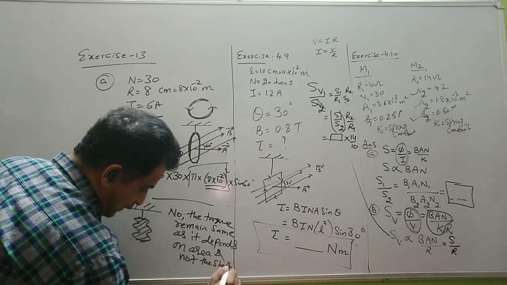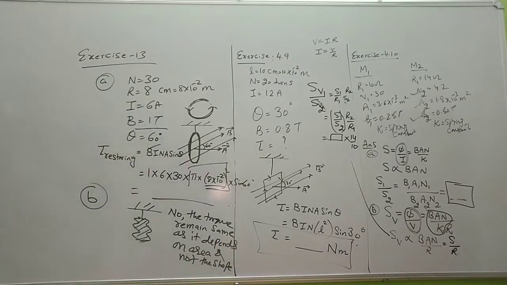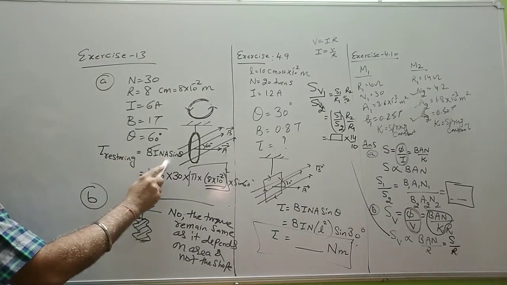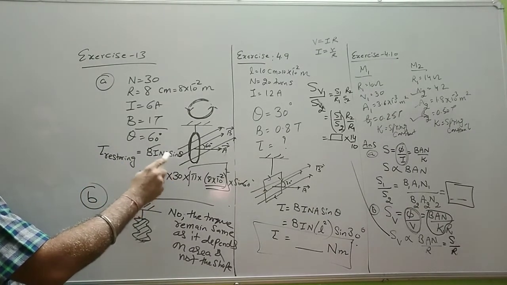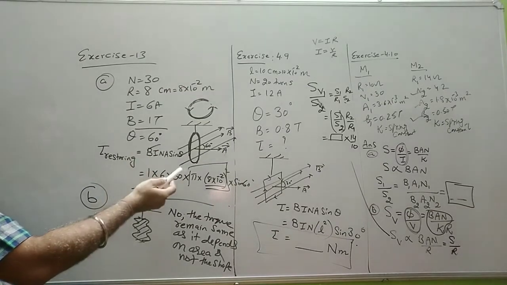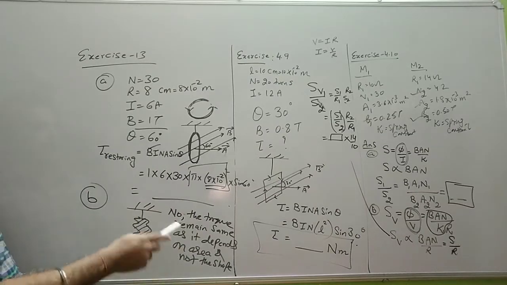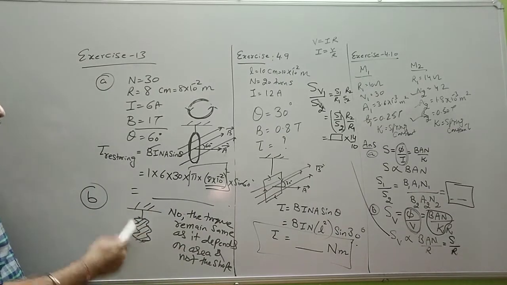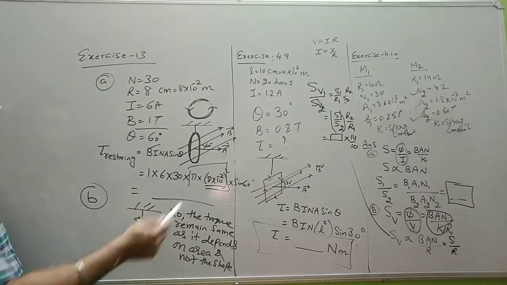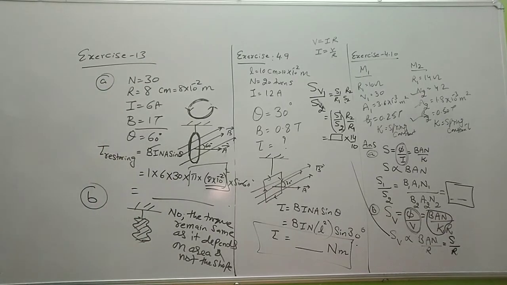So as far as the area does not change, because your torque depends on the area, so as long as n does not change or A does not change, the value will not change. So whether it is a square or rectangle or any irregular shape having the same area as that of a circular loop, the torque will not change.